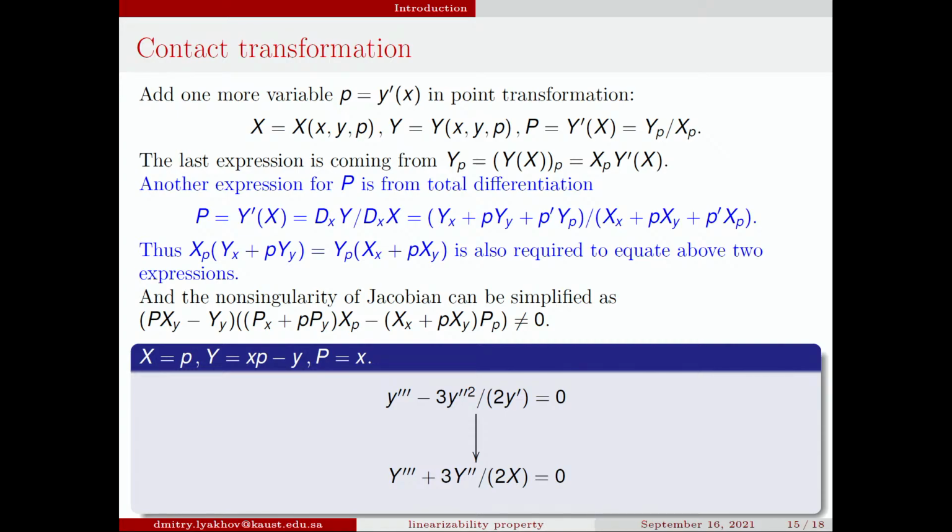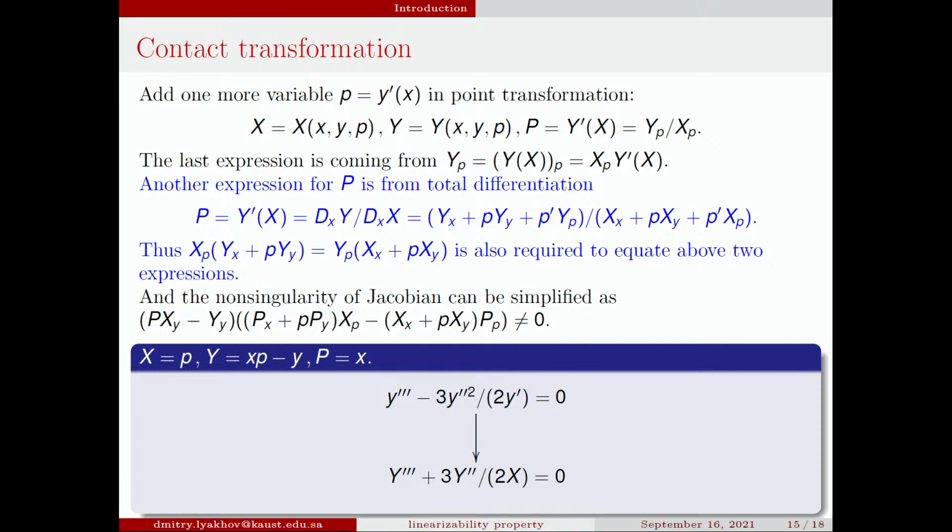contact transformation, but we know that actually there is only one independent variable, which is X. Which means capital Y and capital P are still functions of X. So if we use the total differentiation, we have another expression for the capital P. So this contact transformation also needs to satisfy another condition, which is the last condition in this slide.